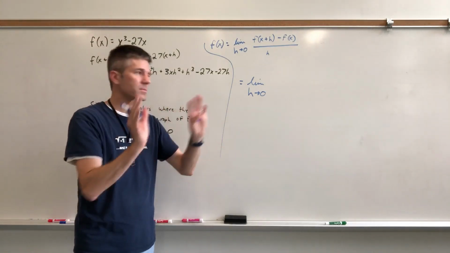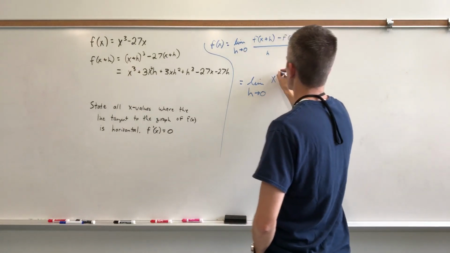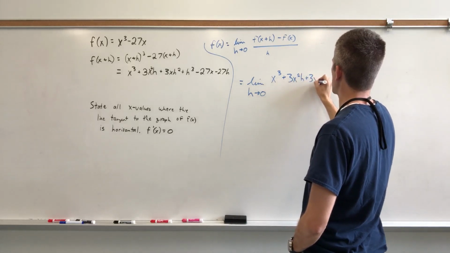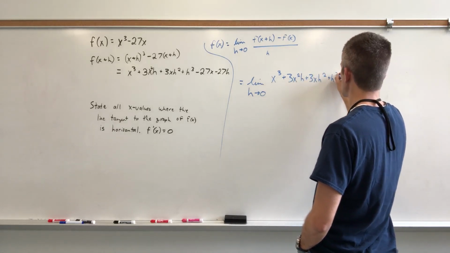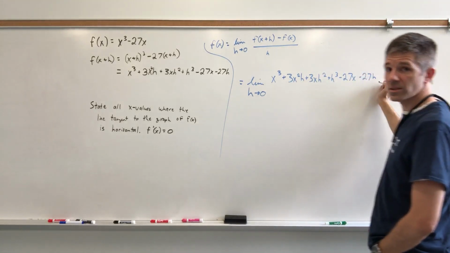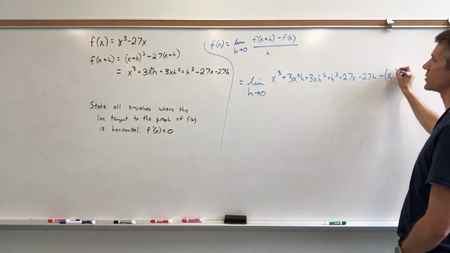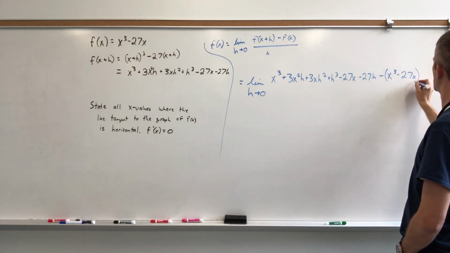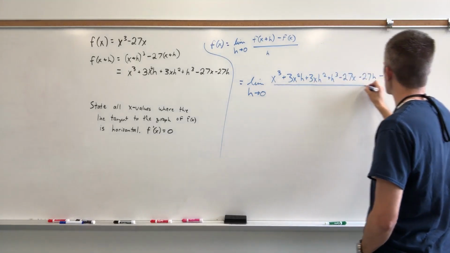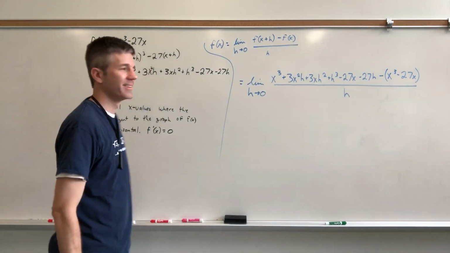So x cubed plus 3x squared h plus 3xh squared plus h cubed, minus 27x, minus 27h, minus the original function, all divided by h, but we can't plug in 0 for h. There we go. But that's what we have.